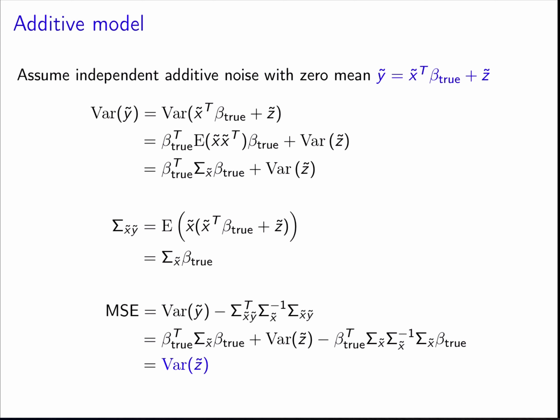This makes a lot of sense because that is the component of the signal that we do not get to observe. It would be impossible to approximate Y to a higher precision than the variance of Z because we know nothing about Z. Only by observing X, it would be impossible to reduce the error below the variance of that unknown component. So this makes a lot of sense.